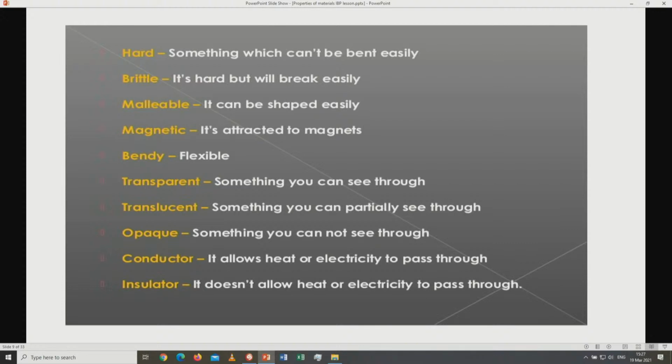Some can bend, some are transparent, some can even conduct electricity. If I had time, I could have demonstrated how you can connect a wire or a teaspoon to a bulb and a cell. It will conduct electricity. Some are insulators, which means they don't allow electricity to pass through.